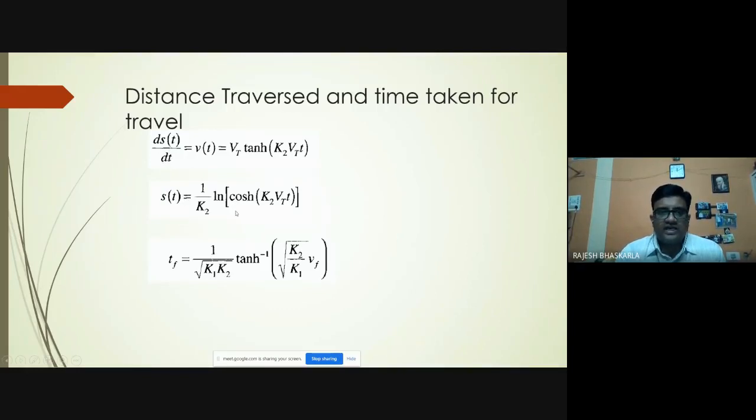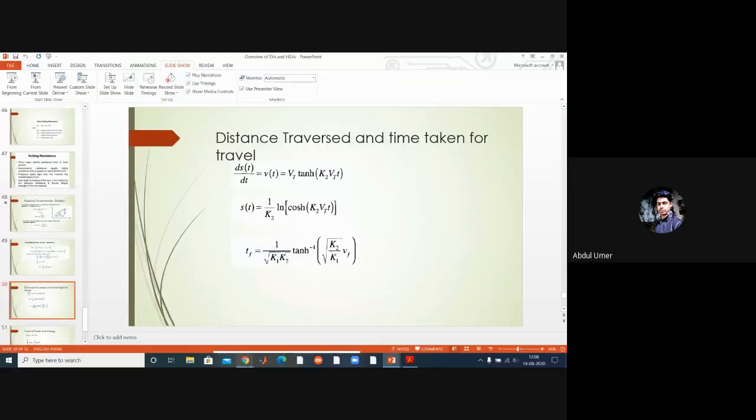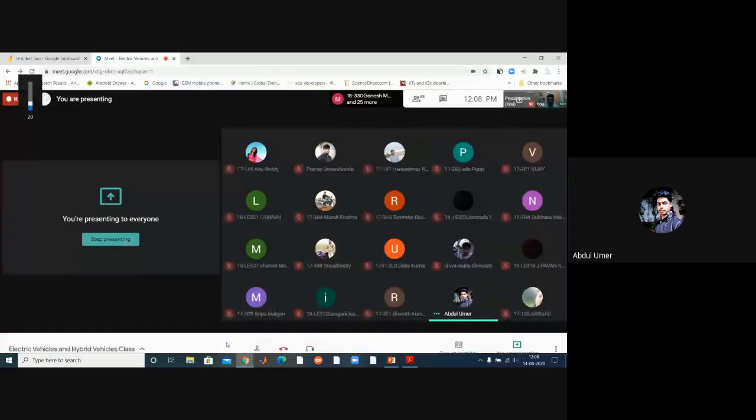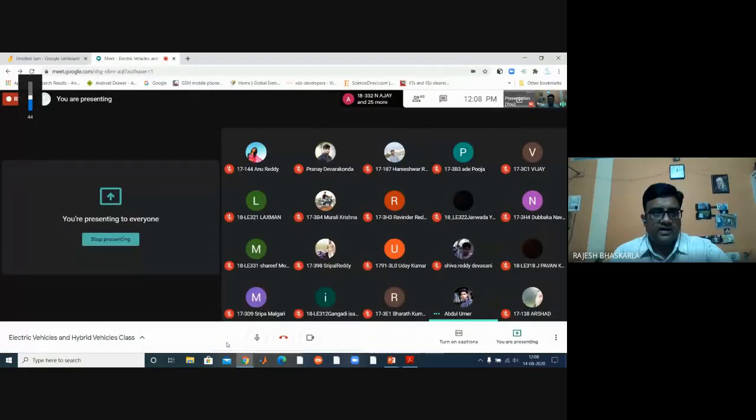So in an electric vehicle, the distance traveled is very, very important. Why is the distance traveled in an electric vehicle so important? Because an electric vehicle cannot move a longer distance. The main problem is, for a single charge, the electric vehicle cannot travel hundreds of miles.